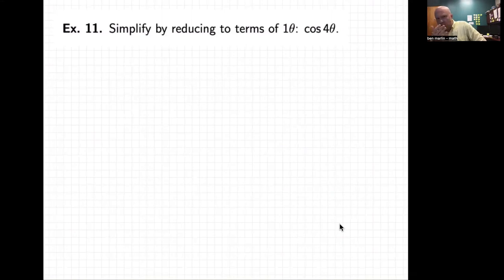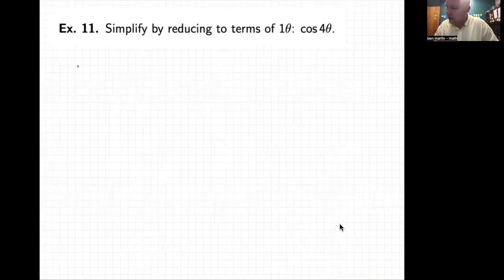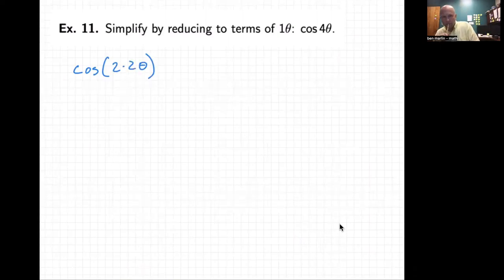Okay. So this one here says simplify by reducing to terms of 1 theta. Okay, so my cosine 4 theta, the thing I'm going to think about is that I've got the cosine of 2 times 2 theta. So I have multiple different formulas that I could work with on this.